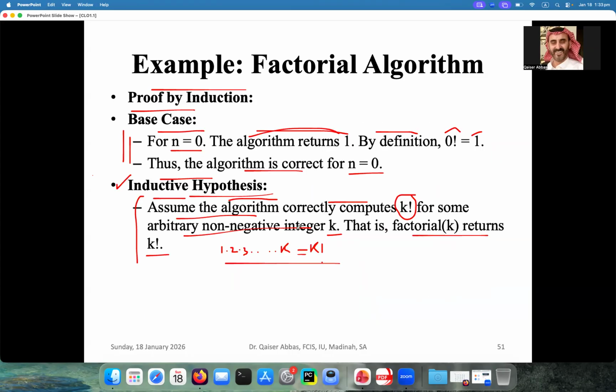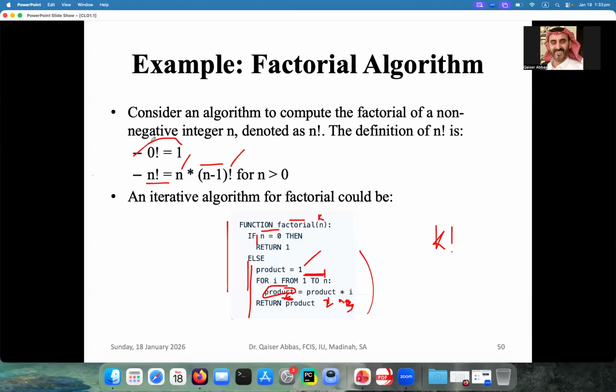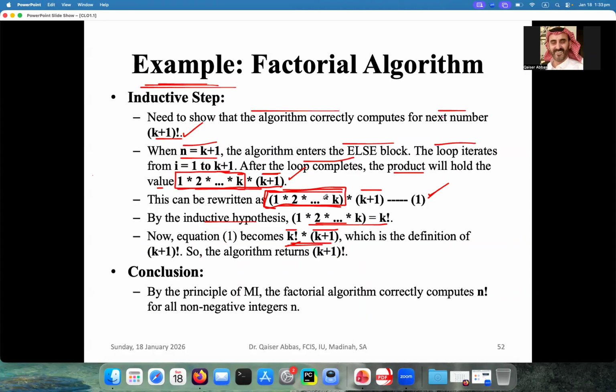The definition of factorial, with 0 as the base case, is the mathematical definition, already proved. Here I am saying this is the next number, k plus 1, and you are multiplying it with the previous number. If your previous number is, for example, 4, then you are saying 4 factorial multiplied by 5.